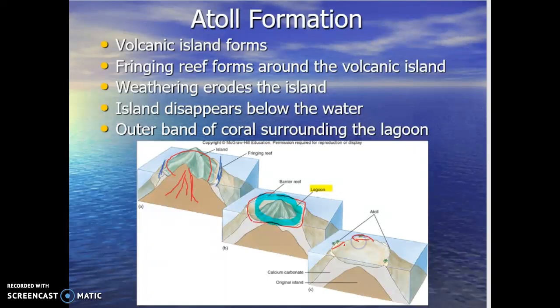Sometimes there are little keys, little islands that build up sand and accumulate enough to create a key. But if you dig down deep enough, you're still going to find that original volcanic island. And that's what researchers did when they drilled in the Marshall Islands. They drilled down through an atoll, and eventually you hit volcanic rock. So now we know how atolls form. The mystery has been solved.